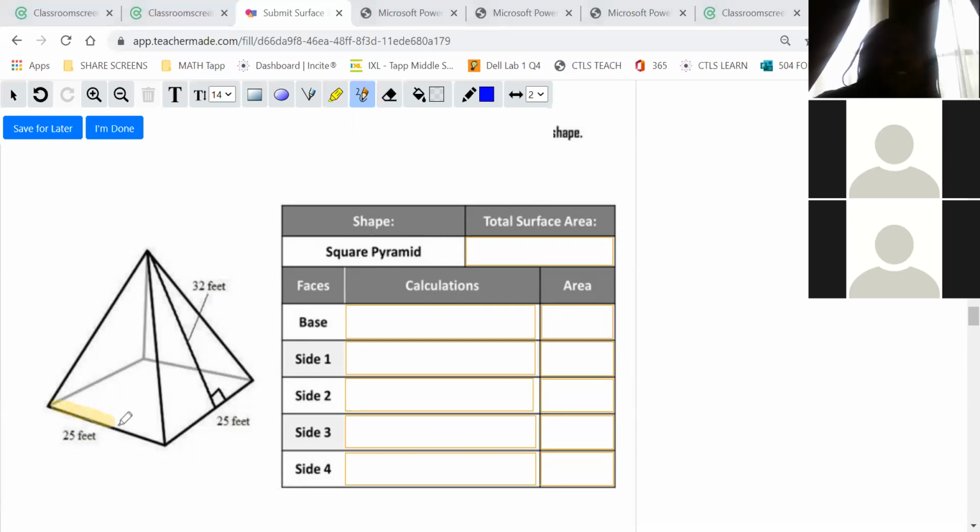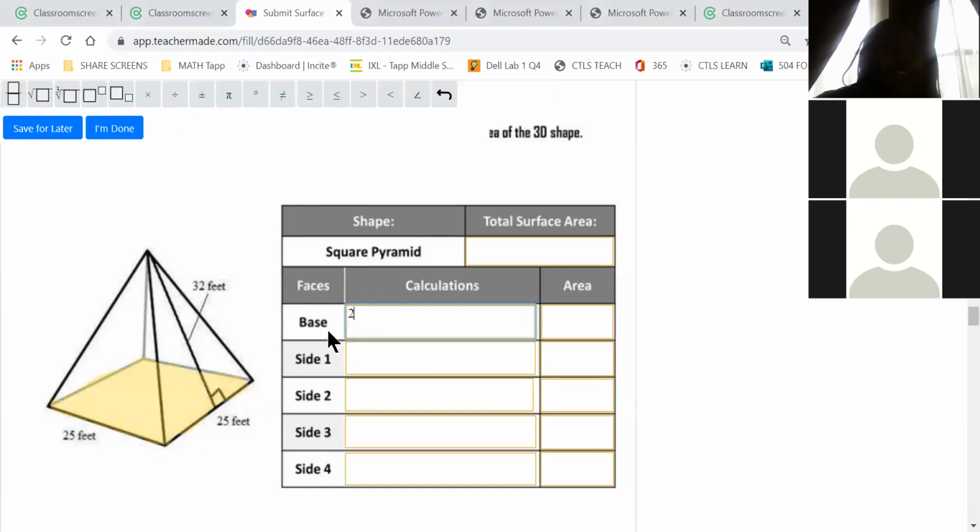I'm going to get that highlighted. And as we see, this is a square pyramid. So the base is a square. And I see that the measurements here are 25 by 25. So there's our pretty yellow base.